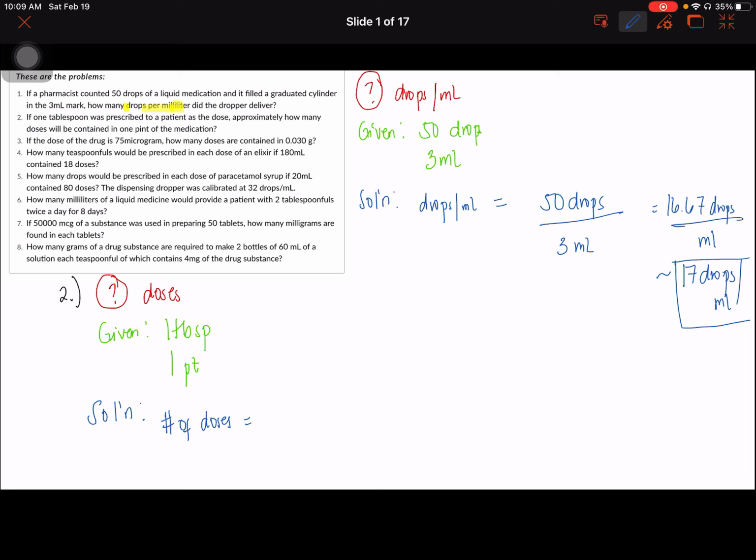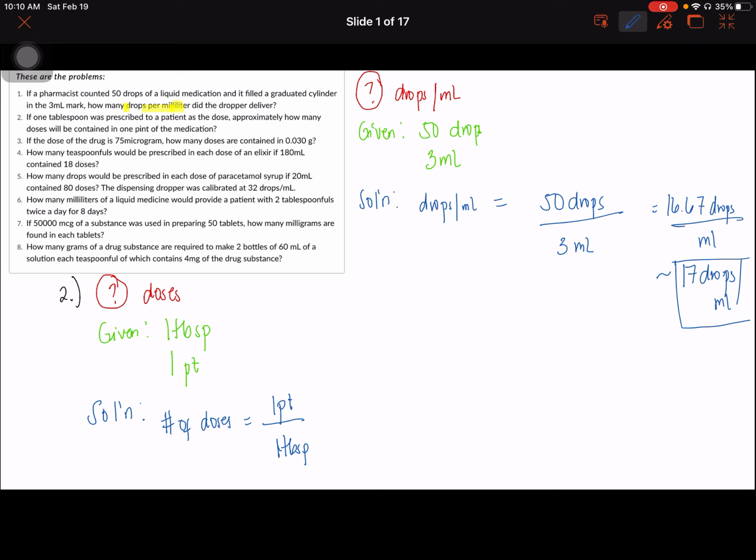So number of doses is equal to the total quantity, which is 1 pint, over the size of the dose, which is 1 tablespoonful. However, we cannot automatically compute this unless we get the common unit between the two. The common unit could be tablespoon or ml, so I'll be using the conversion using ml.